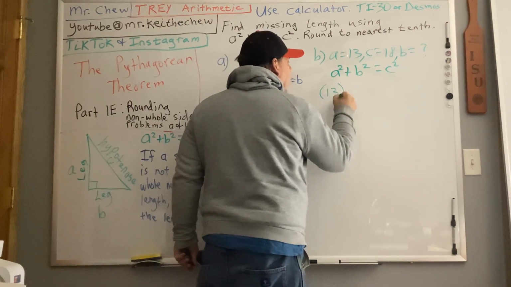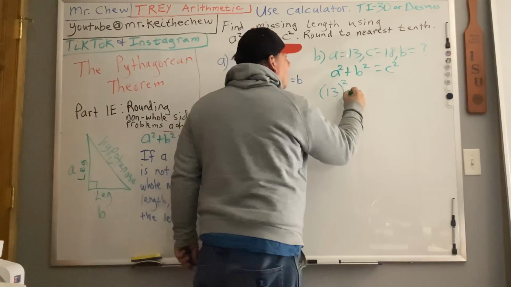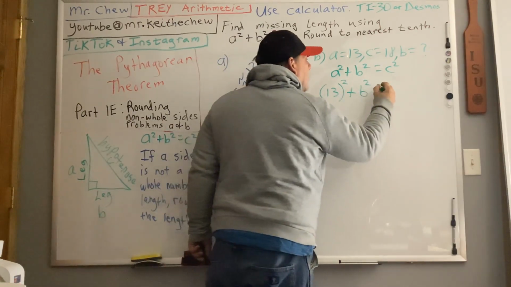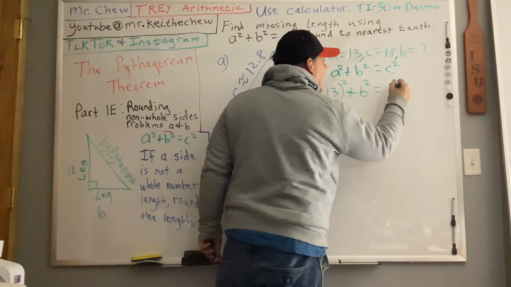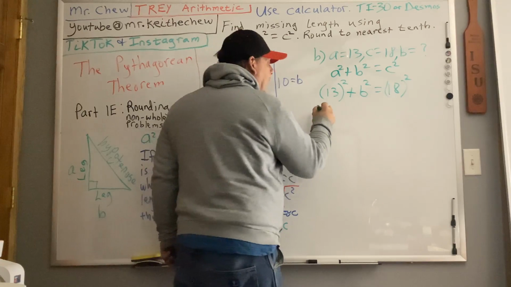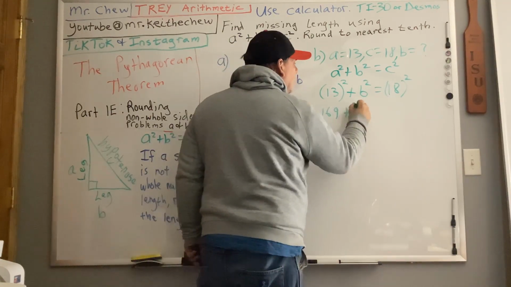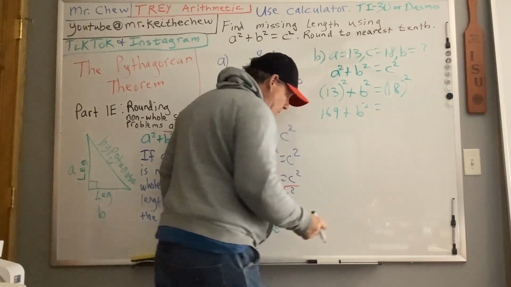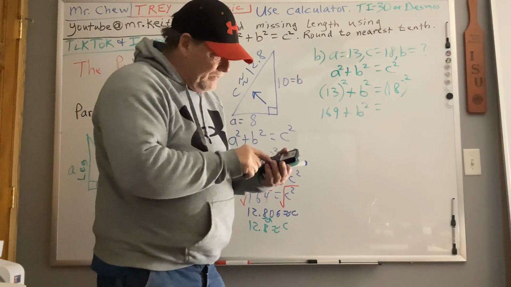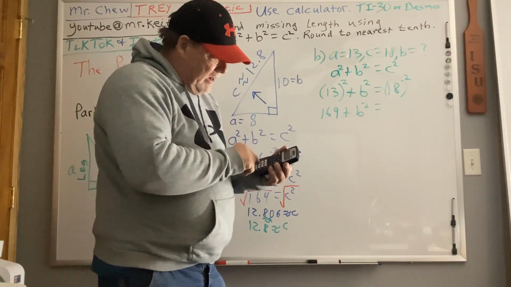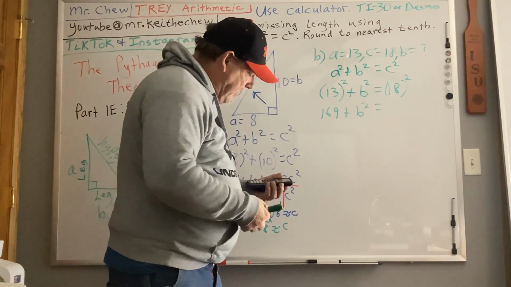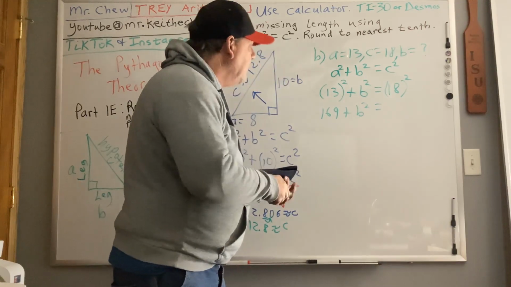So I put a 13 in here and square it, plus B, I don't know, so I just write that B squared equals, for the C, I'm going to put in 18 and square it. 13 squared is 169. 18 squared, I'm not sure what that is off the top of my head. So since we're using a calculator, I would hit 18, x squared, enter, and that gives me 324.